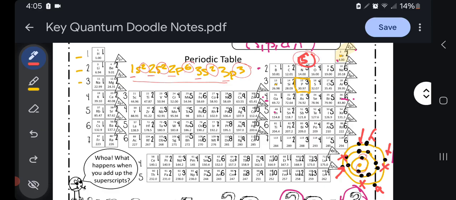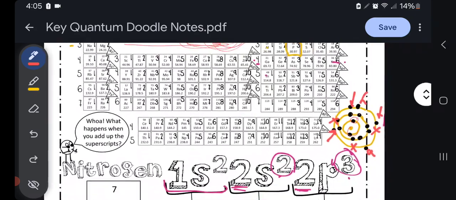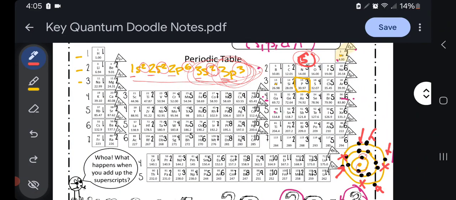It has 5, just like we said, 1, 2, 3, 4, 5. So this highest number, and then you add them together because there's 2 in the 3. Sorry, I didn't circle the 3. 2 plus 3 tells me there's 5 valence electrons. Alright, so that's how the correlation between the Bohr model, which is this guy down here, and the electron configuration works.